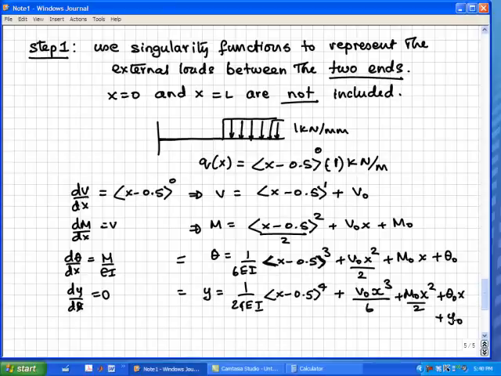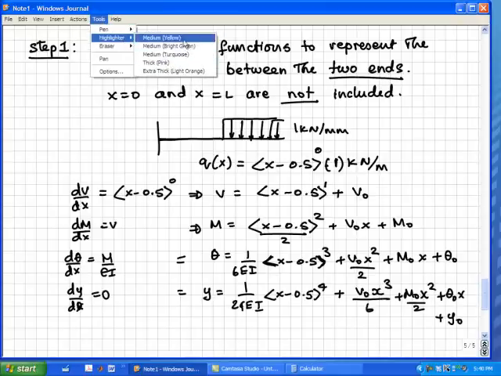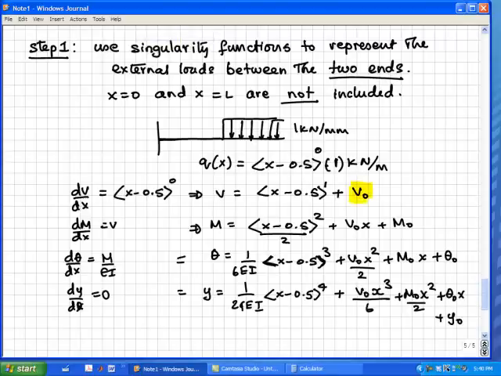So as usual, we have 4 constants. I'm going to highlight these 4 constants. There's one, there's the other, there's the other, and there's the other.